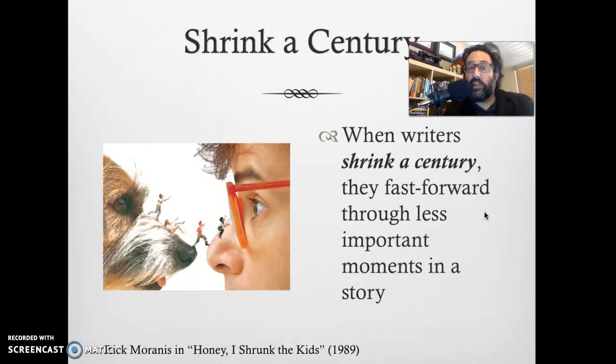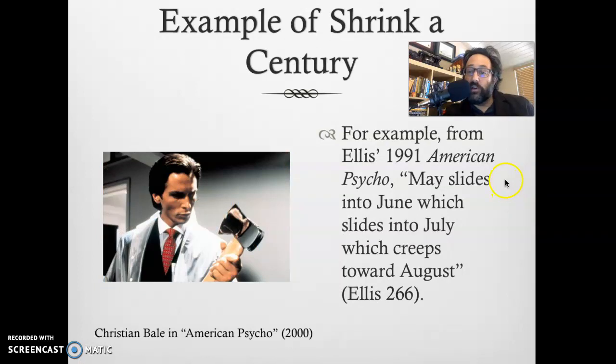This is a good technique when you're transitioning from paragraph to paragraph. It's called shrink a century. It's when you fast forward through less important parts of the story through language. In American Psycho, Bret Easton Ellis begins a chapter, "May slides into June, which slides into July, which creeps toward August."